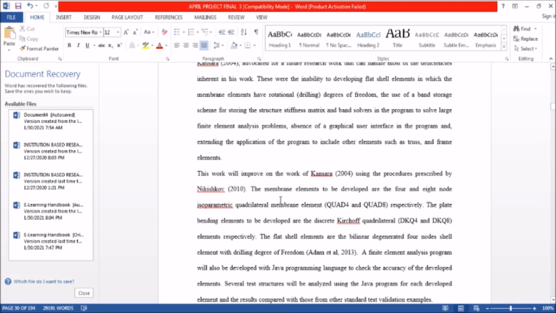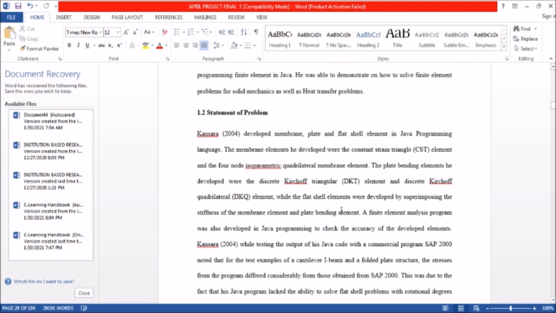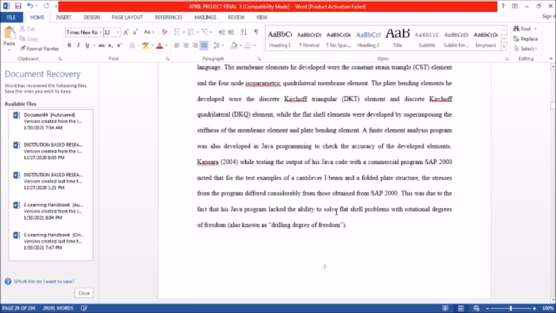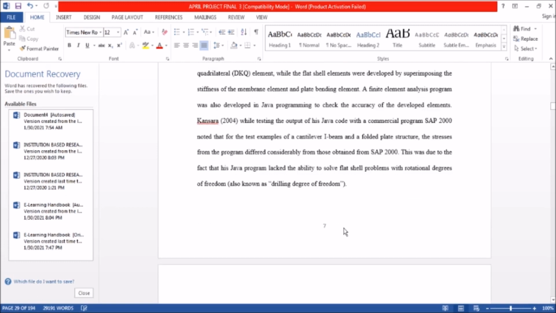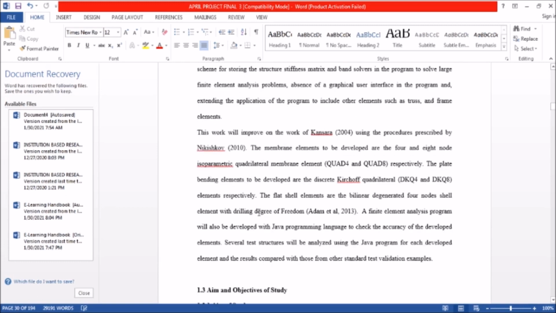So initially Kansara worked on lower elements, but with the improvement by Nikishkov in 2010, the new researcher Emeka Femi Ibrahim is able to consolidate on Kansara's work using recommendations from Nikishkov to build newer finite elements, which is the statement of the problem. So the next thing we need to look at is the aim and objectives of the study.